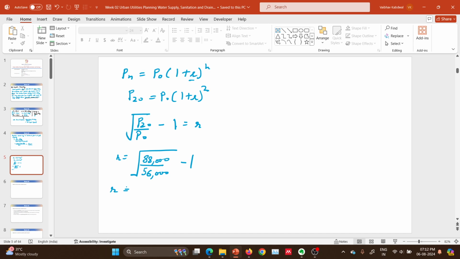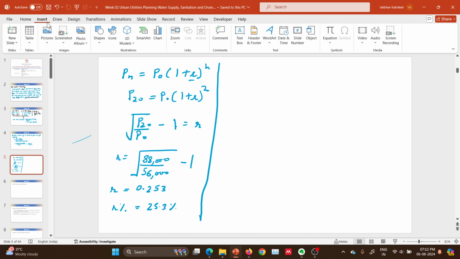We are getting R as 0.253, or as a percentage, R will be 25.3%.